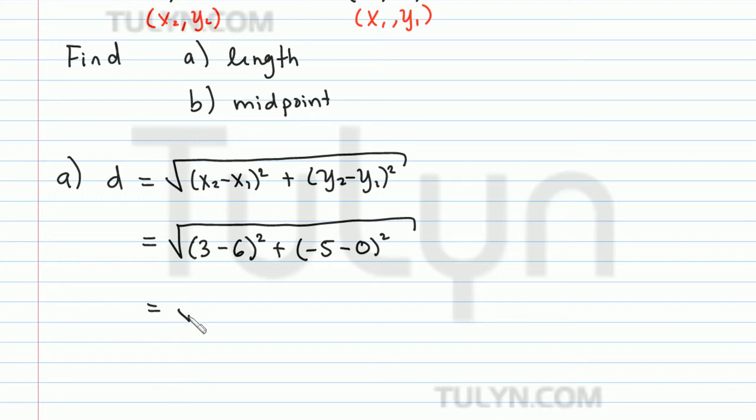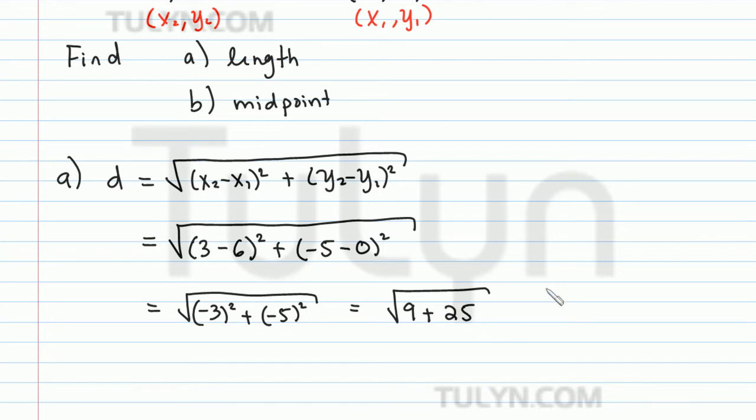Now simplifying, 3 minus 6 is -3 squared plus -5 squared, and -3 squared is going to give you +9. This is going to become 9 plus 25, which becomes the square root of 34. So the distance, the length, is going to be square root of 34 here.